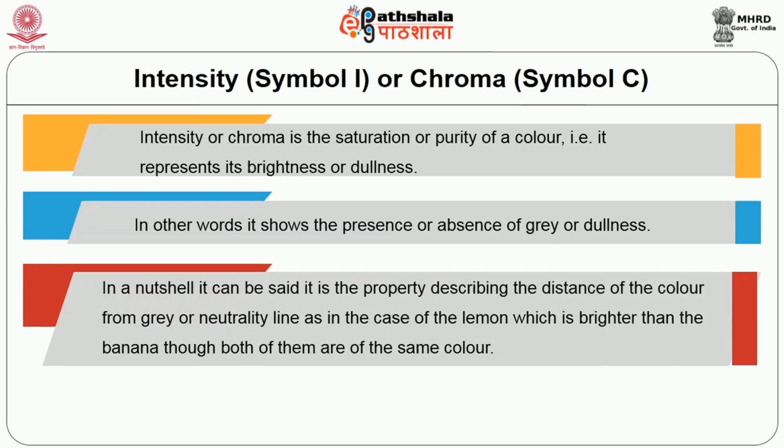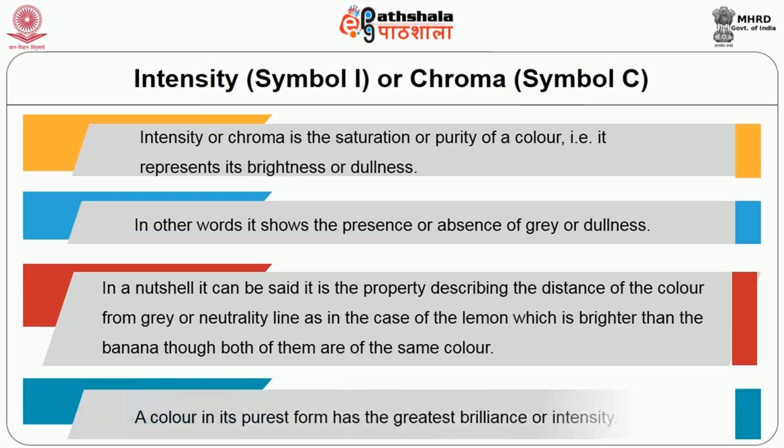In a nutshell, it is the property describing the distance of the color from the gray or neutrality line, as in the case of the lemon, which is brighter than the banana, though both of them are of the same color. A color in its purest form has the greatest brilliance or intensity.